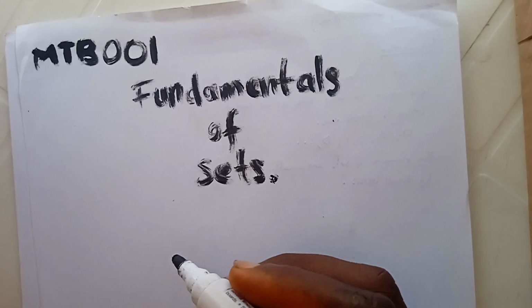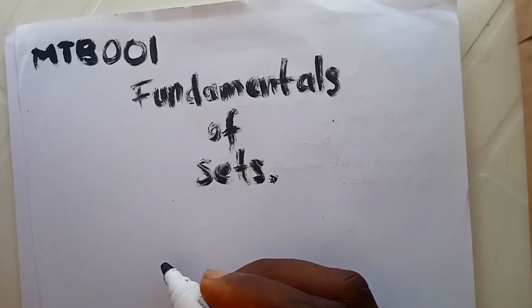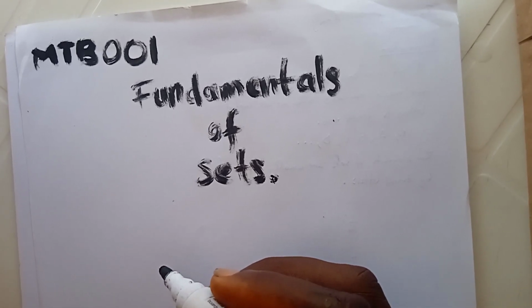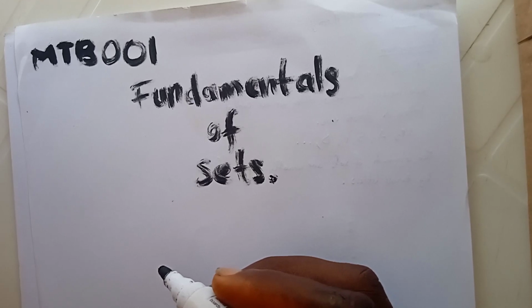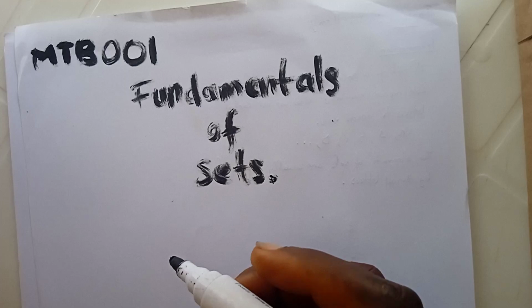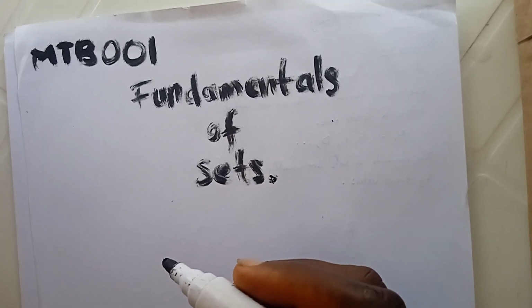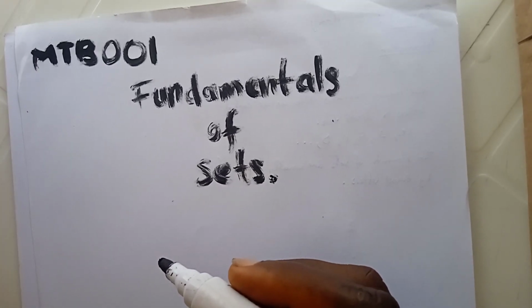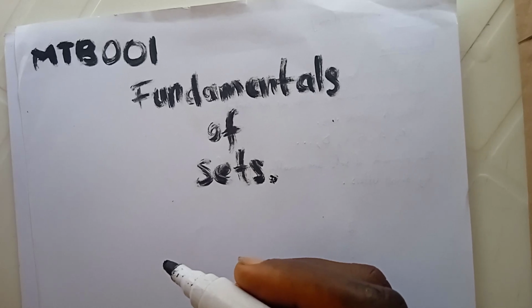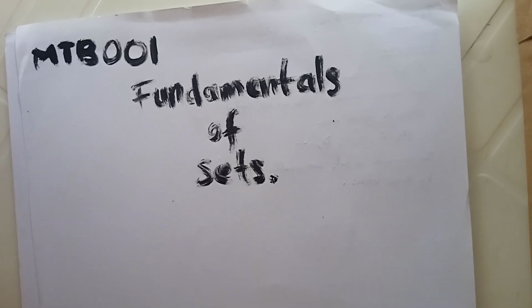There's a reason behind it. To have a very good understanding of abstract mathematical concepts, a good knowledge of set theory is required. Understanding of set operations, of sets in general, is very important to achieve that.